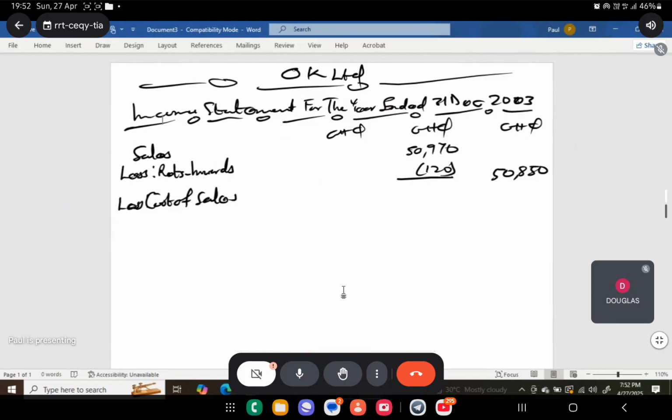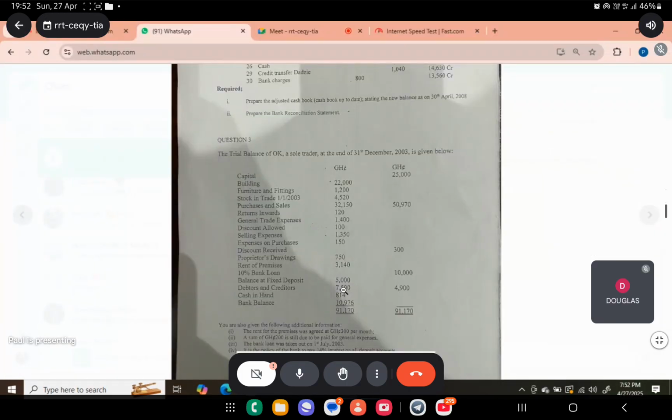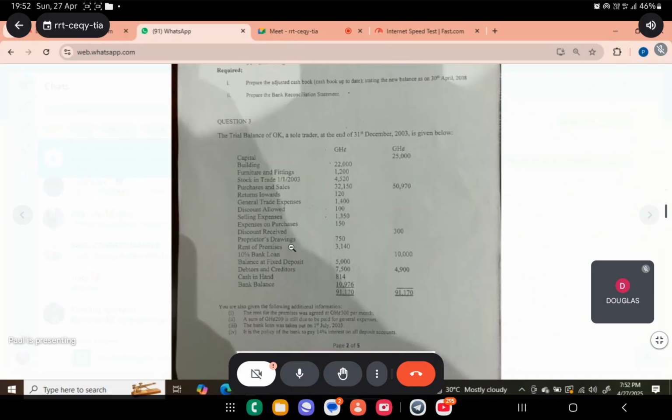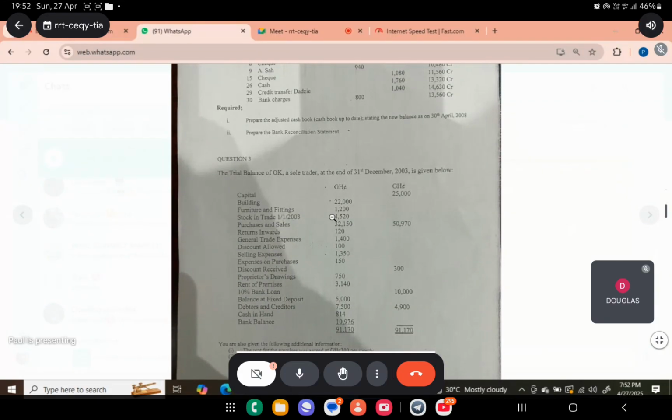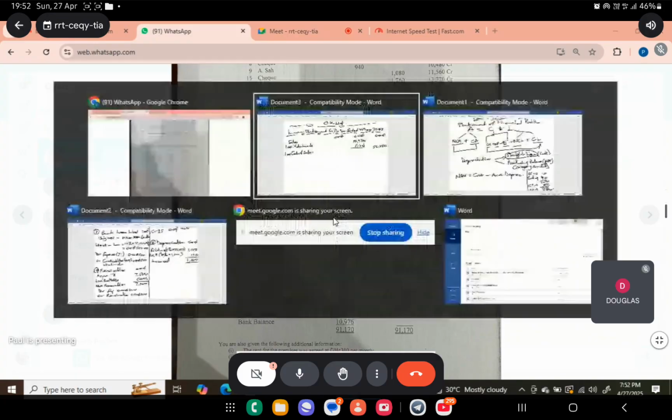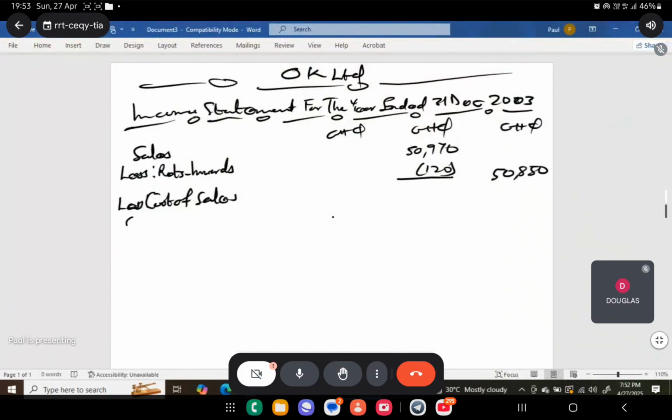In relation to this question, there was opening stock, that's stock in trade, on 1st January 2003. It means the first day of the month of the year. That's the opening, what we are starting with. It was 4,520. So that 4,520 we call opening inventory or opening stock.